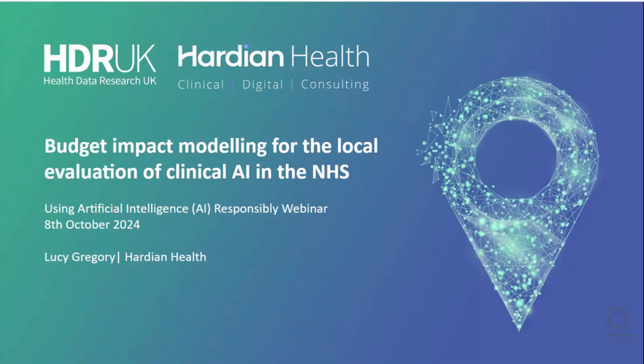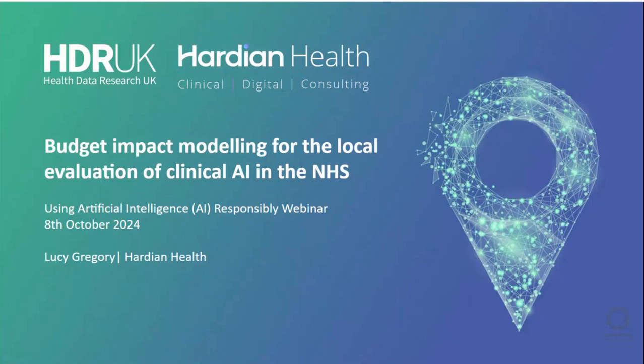In terms of a further breakdown of what I'm going to discuss, I'm going to have a quick definition of what health economics and outcomes research is, which is the discipline that budget impact modelling falls within. I'll then discuss briefly what budget impact modelling is by definition, its characteristics, and the underlying mechanisms in terms of how we derive the budget impact.